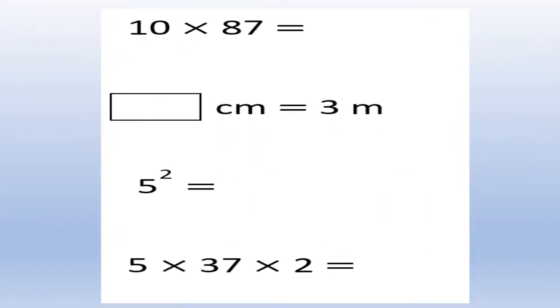Question 5. 10 times 87 equals. How many centimetres are equal to 3 metres? 5 squared equals. And 5 times 37 times 2 equals what? Remember to show your working out. Good luck!